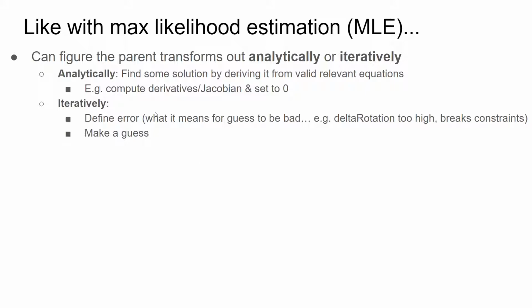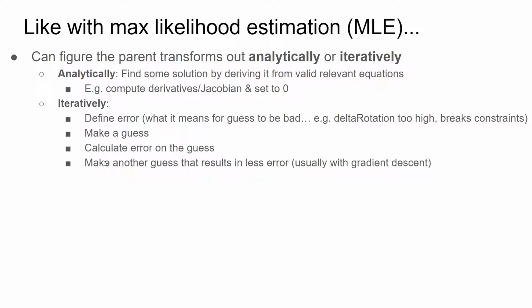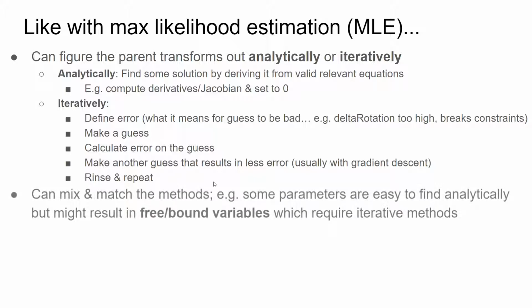After you define what the error means, you make a guess, calculate the error based on this guess, then use information about how much error there is to make another guess that will result in less error with gradient descent. And you just keep doing this over and over again until you're happy. These are iterative solutions. And you can mix and match iterative and analytical solutions.